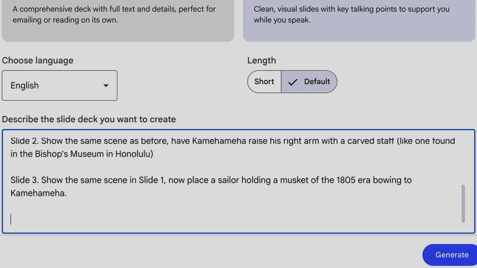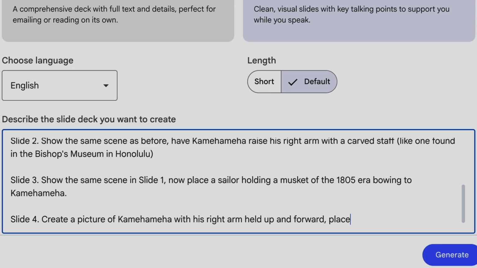Okay. Slide 4. Create a slide, a picture of Kamehameha with his right arm held up and forward. Place a Hawaiian.